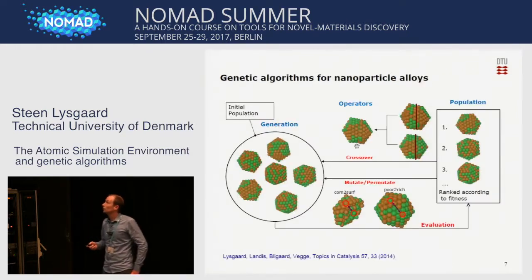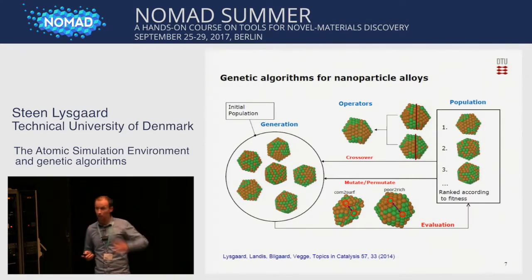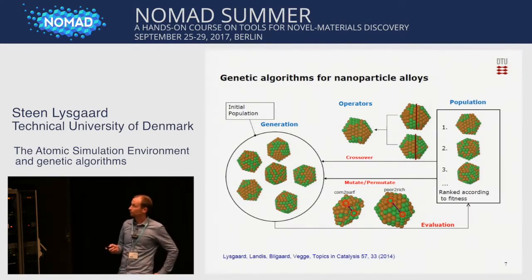So I'll show some work we did a couple years ago on copper and nickel nanoparticles. The idea was to use these for CO2 reduction. So here we make an initial population of just random particles. We evaluate that. Here we have a fixed composition, so we just take the energy as the fitness.